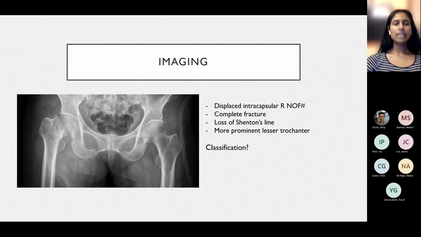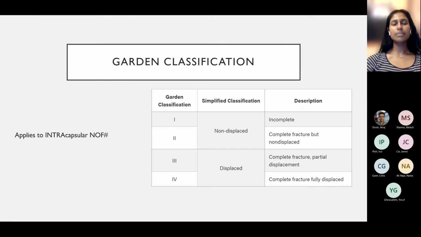Good. So the Garden classification is actually very simple, but I'm someone that found it very confusing. If you just remember, it goes from 1 to 4. Remember that 1 and 2 are not displaced, and 3 and 4 are displaced fractures. That's a good starting point. Then the niche differences, as this table says: 1 is not displaced, but an incomplete fracture, so the fracture line doesn't go through both cortices.